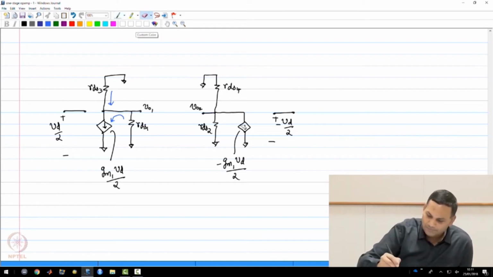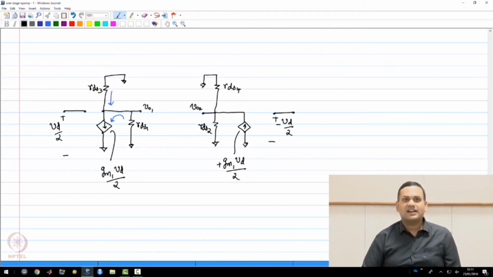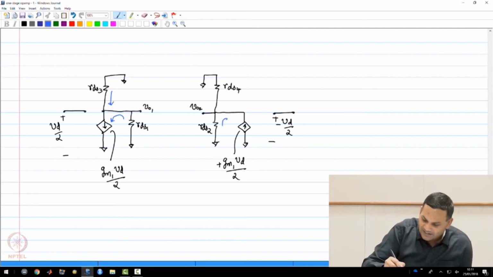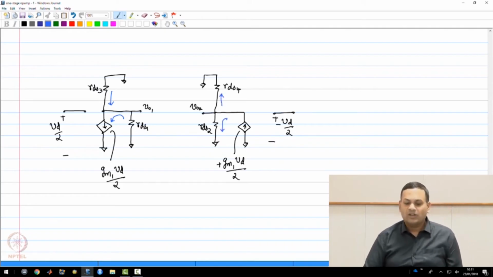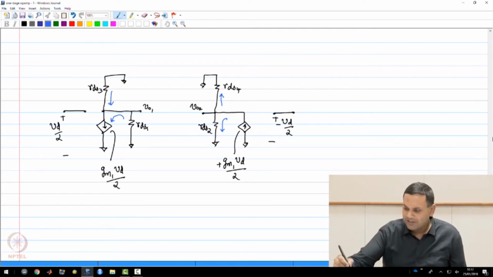So if I make this plus VD by 2, that is a current source flowing upwards, and that is a current that flows through RDS2 and RDS4 to create voltage VO2 and VO1. Now this kind of gives us a better idea of what is happening.